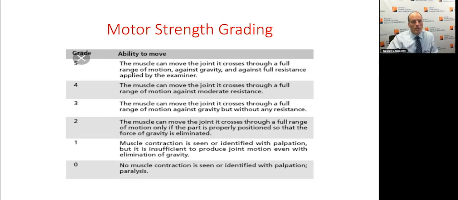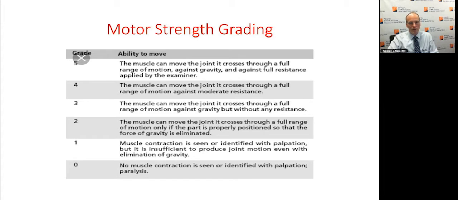I apologize for this slide, but I want to talk about motor strength grading. A 5 out of 5 is full range of motion and full strength, equivalent to the other side when you factor out dominance. A 4 out of 5 is full range of motion with moderate resistance against the observer. A 3 out of 5 is full range of motion against gravity, but really not any resistance.